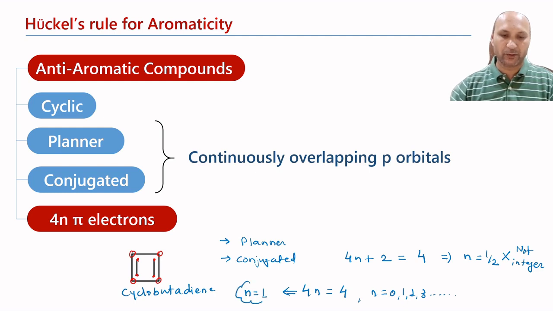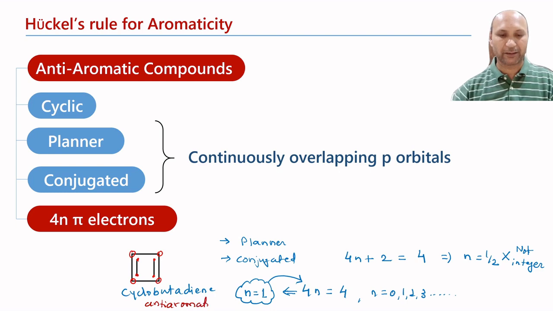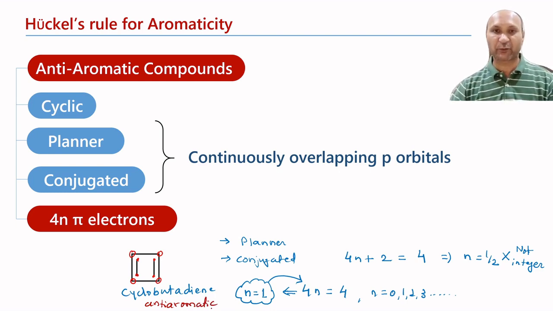So now you can see that it is satisfying this 4n formula. So we would say that this compound is anti-aromatic in nature. So these are some of the elementary concepts for Huckel's rule of aromaticity, and in the next video we'll try to solve some problems so that you can get a thorough understanding of this concept. Thank you very much.